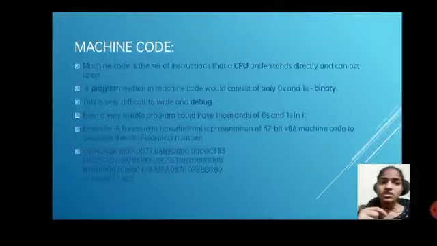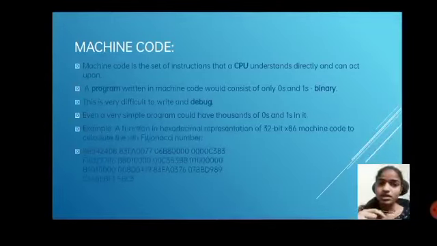Example: a function in hexadecimal representation of 32-bit x86 machine code to calculate the nth Fibonacci number. There are four types of number systems: octal, binary, hexadecimal, and decimal. Mostly computers use binary and hexadecimal.